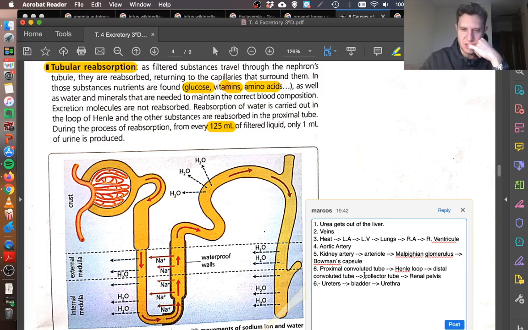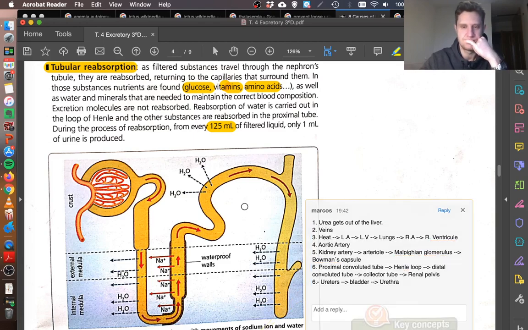Then proximal convoluted tube, Henle tube, distal convoluted tube, this part, and then collector tube, renal pelvis, and then ureters, bladder, urethra. Yeah, that's it.